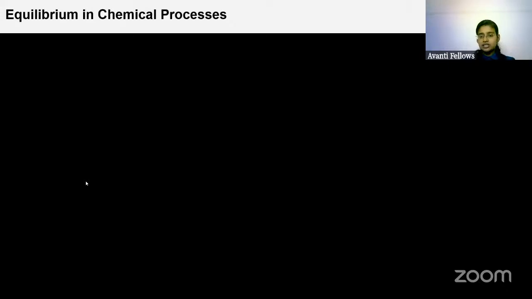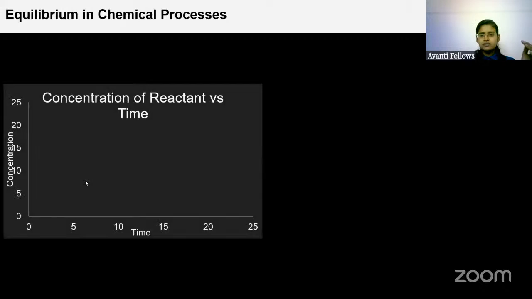Now let me show you a graph for both processes, the forward reaction and the backward reaction. First, the graph for the forward reaction. This is a graph of concentration versus time. Initially, at t equal to 0, the concentration is 20 mole per liter, and as time increases the concentration decreases.